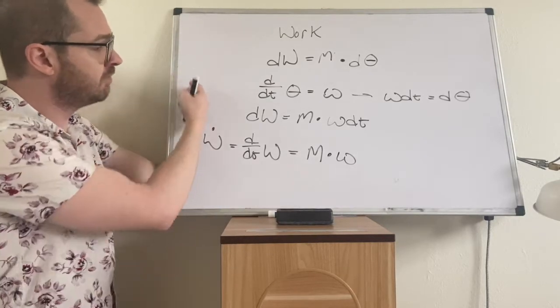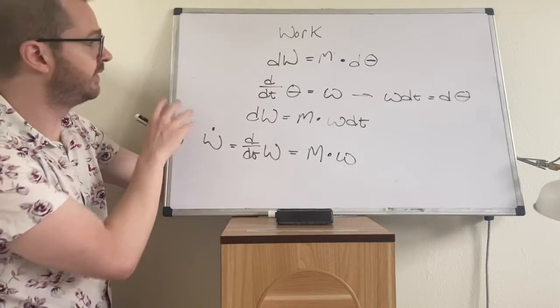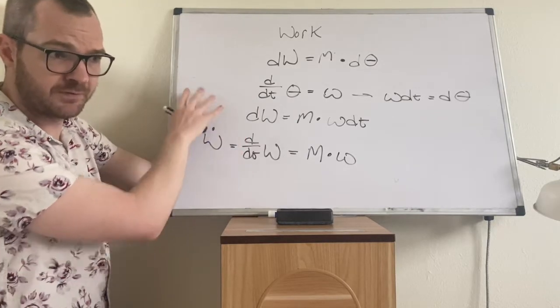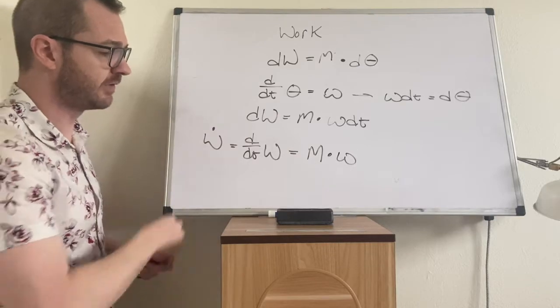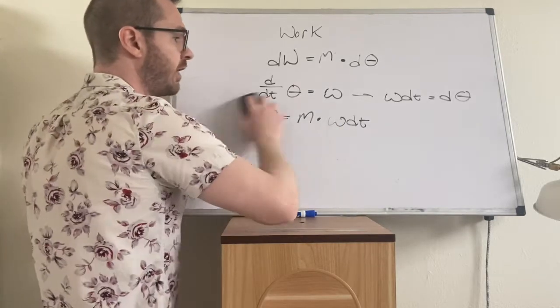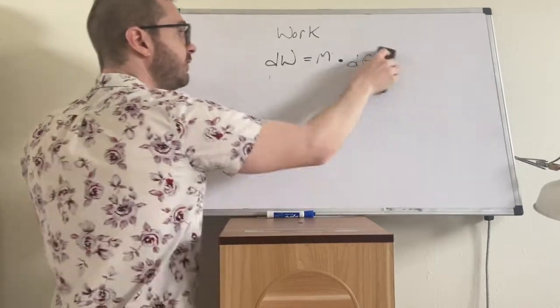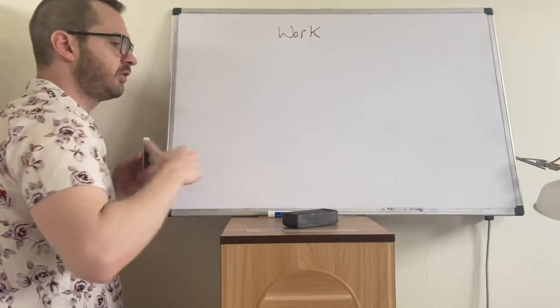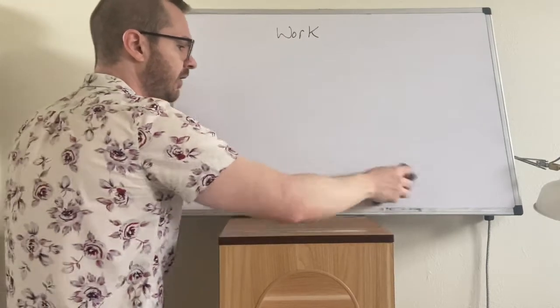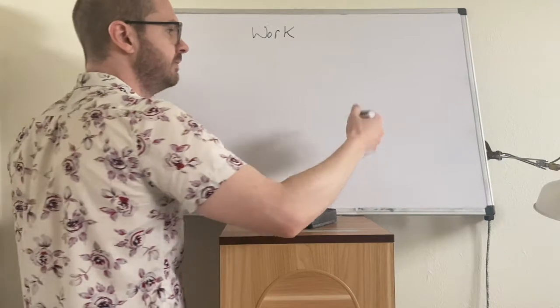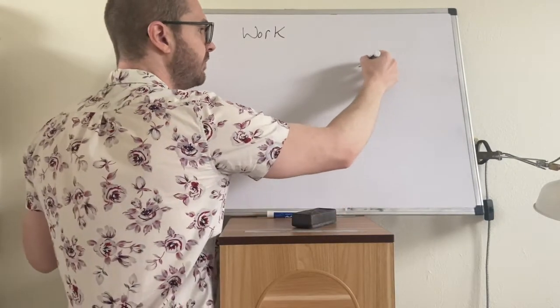So we can actually combine the linear, the translation version of work, and the rotation version for a more general expression for mechanics. Let's say that you're working a problem on some kind of spacecraft.